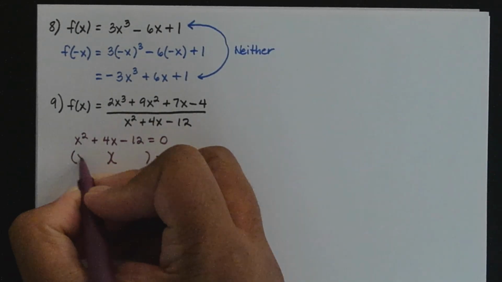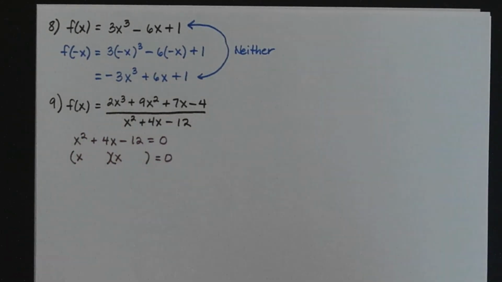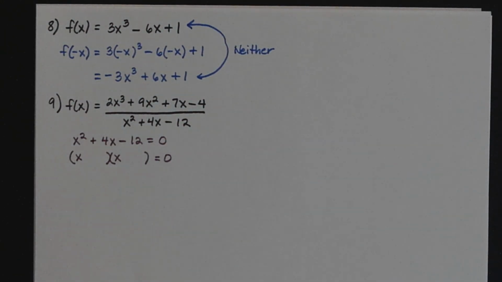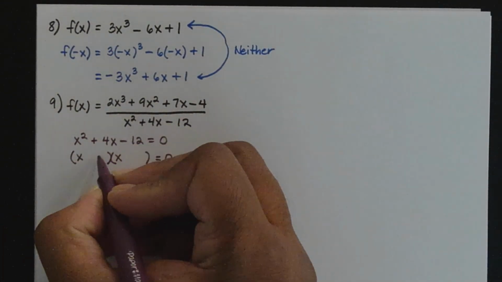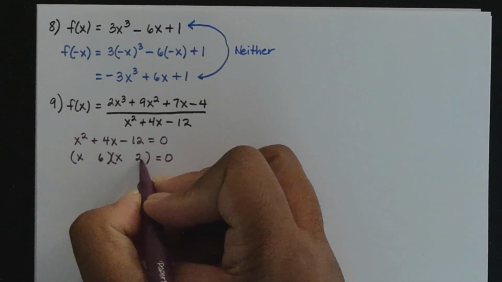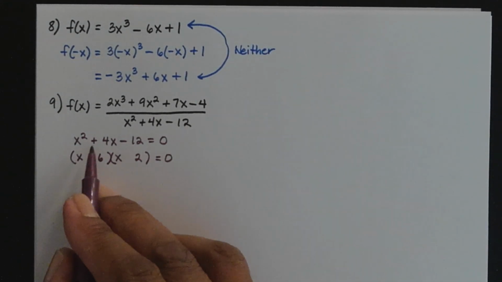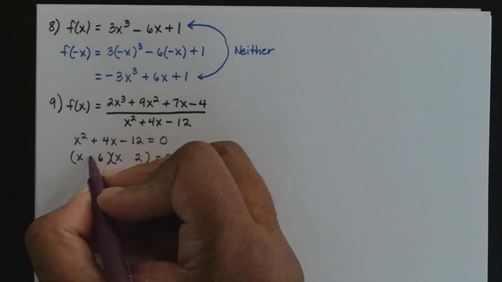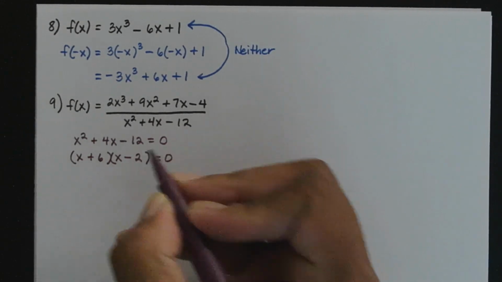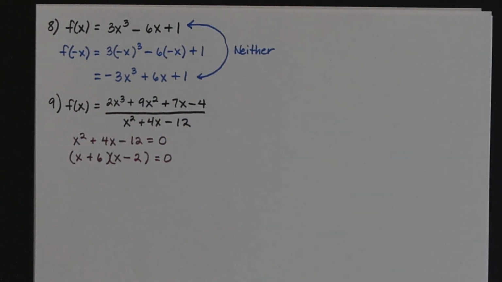That x squared breaks up as x and x. Now, what factors of a minus 12 will give me 4x as a middle term? 6 and 2. Now, the larger of the 2 factors will have to take the sign of that middle term. So that 6 will have to be plus, and the 2 will have to be minus. So I have x plus 6 times x minus 2 equal to 0.